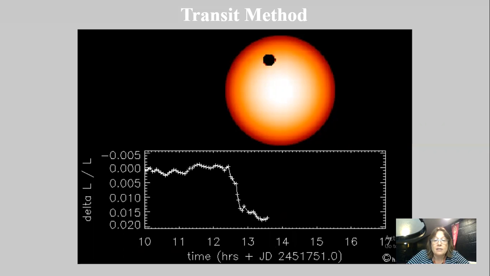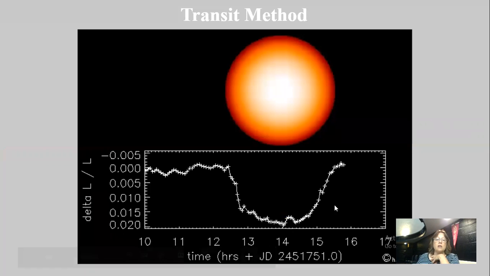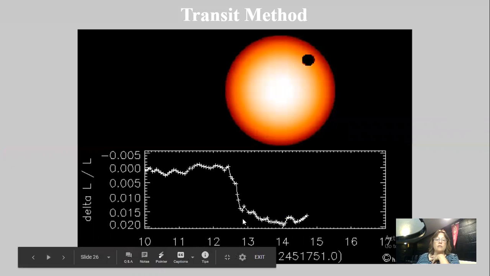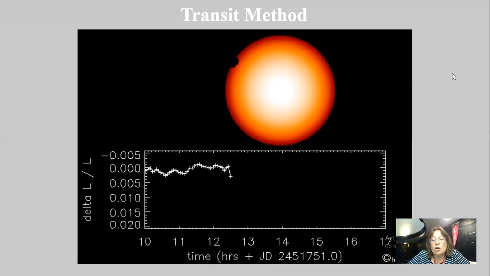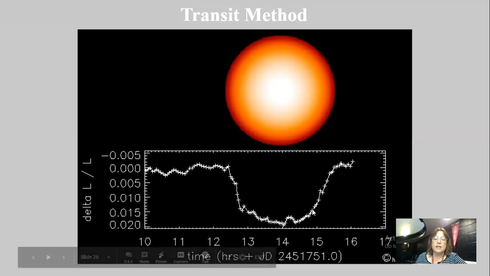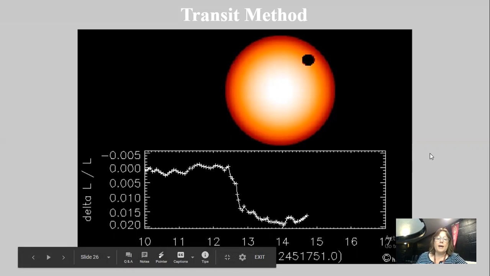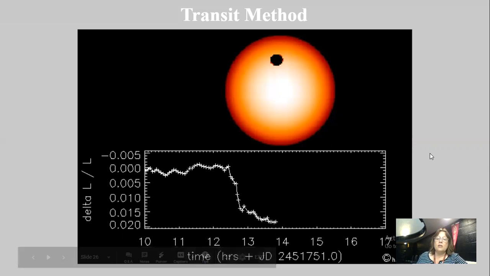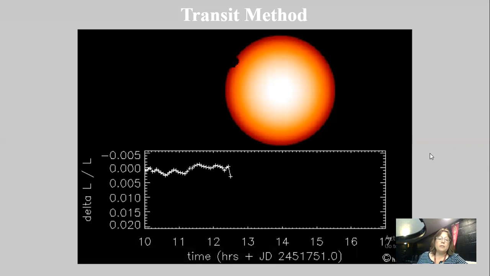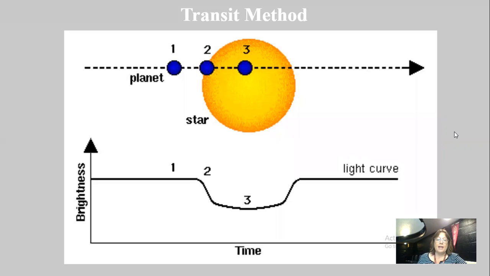And then as the planet's moving across the face of the star, that's that lower region of the graph. And then as the planet moves off the edge of the star, you can see that the brightness increases again and goes back to the normal brightness of the star. So the shape of the graphs vary depending on the size of the star and the size of the planet.